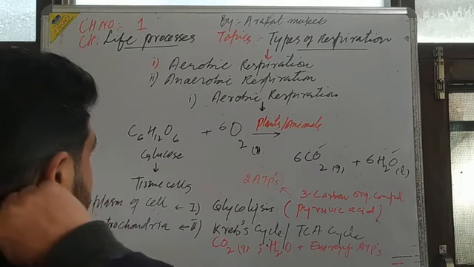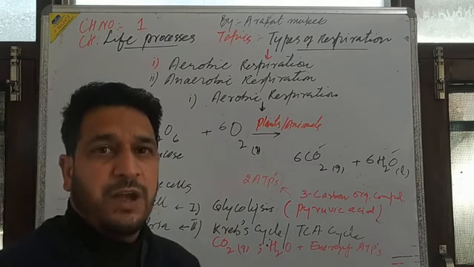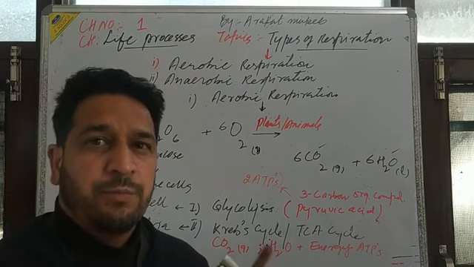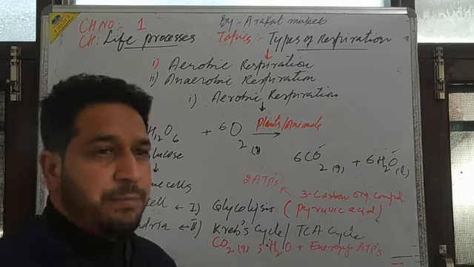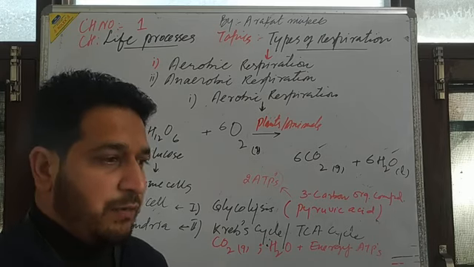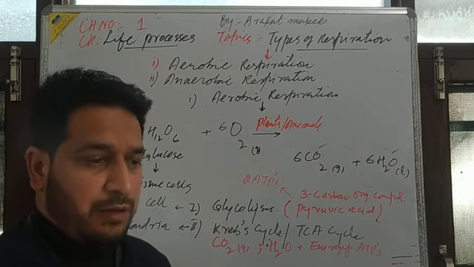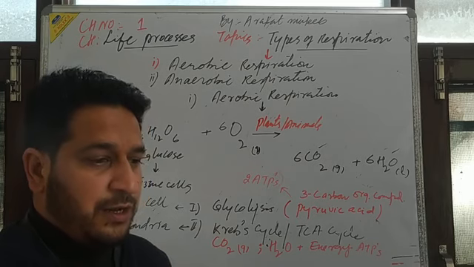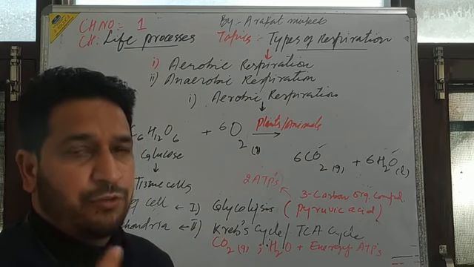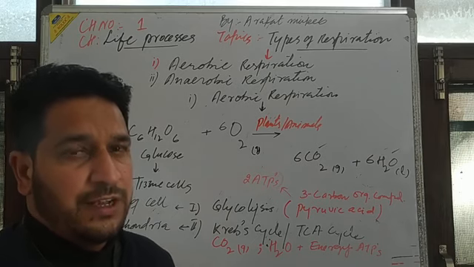This is all about the aerobic type of respiration, where there is essentially need of atmospheric oxygen, and plants and animals need this oxygen with the help of the breathing physical process. Then it becomes available to their blood. With the help of blood, it reaches the tissue cells where it is oxidizing.